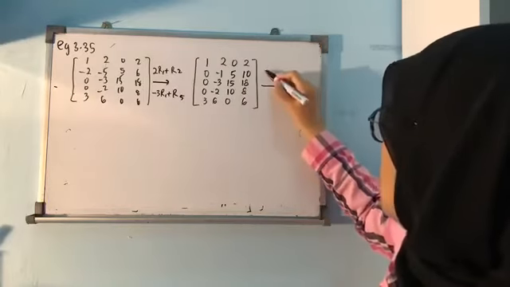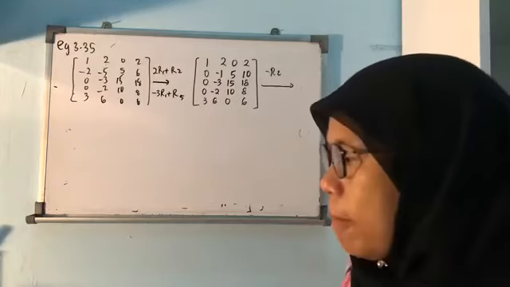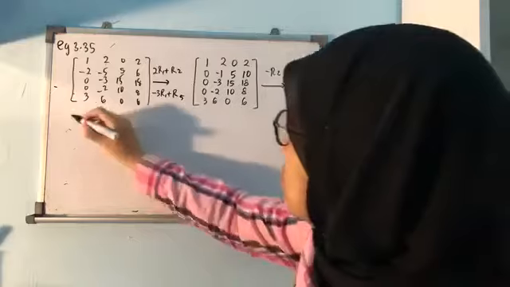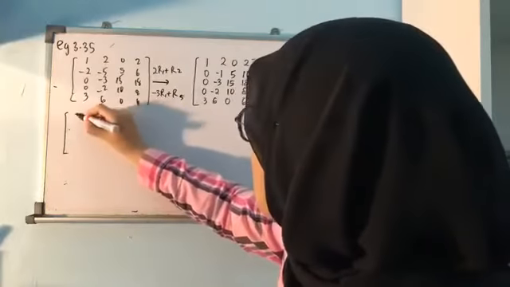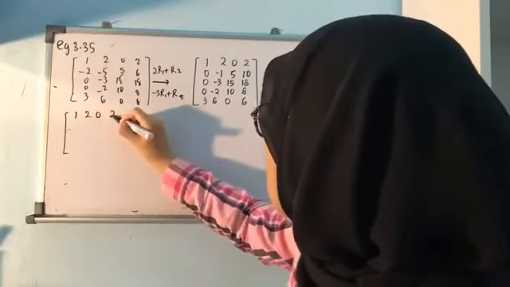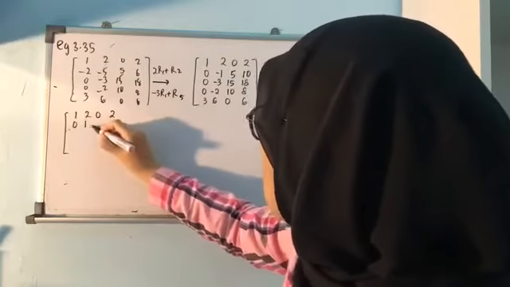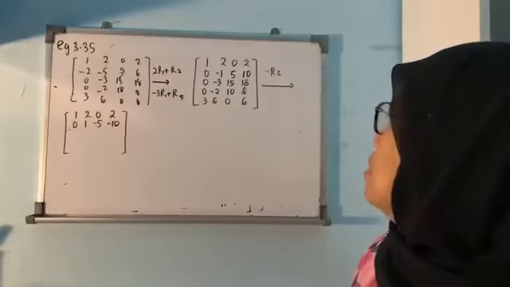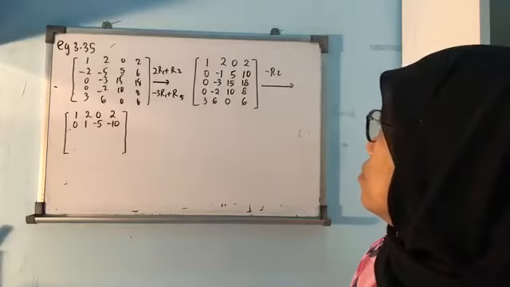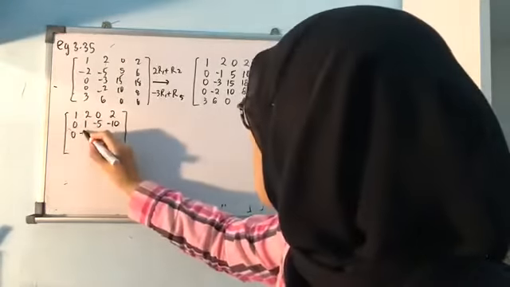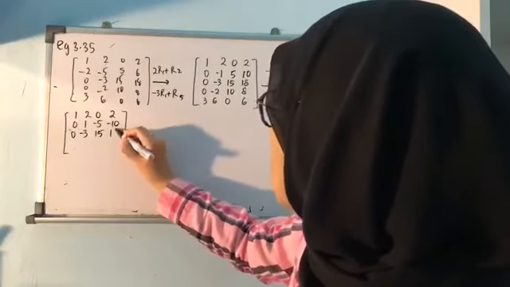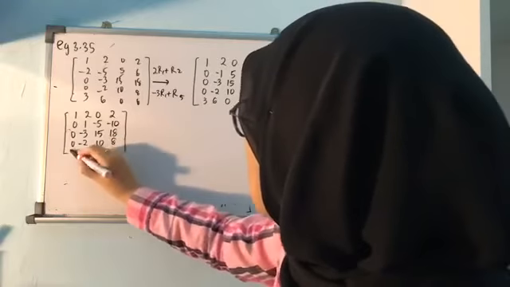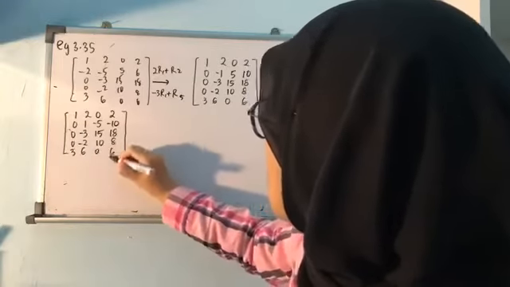Okay. Negative row 2. One, 2, 0, 2, 0, 1, negative 5, negative 10. Negative row 2. 0, negative 3, 15, 18, 0, negative 2, 10, 8, 3, 6, 0, 6.